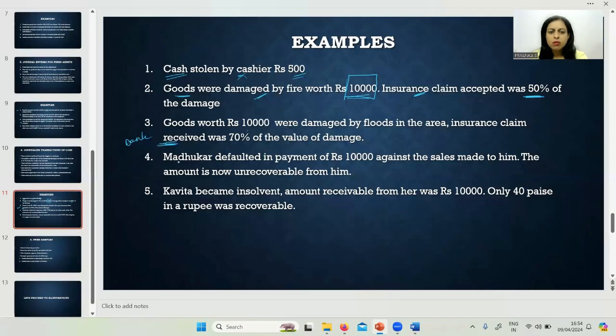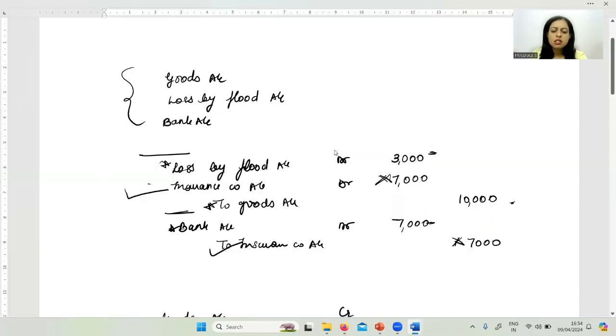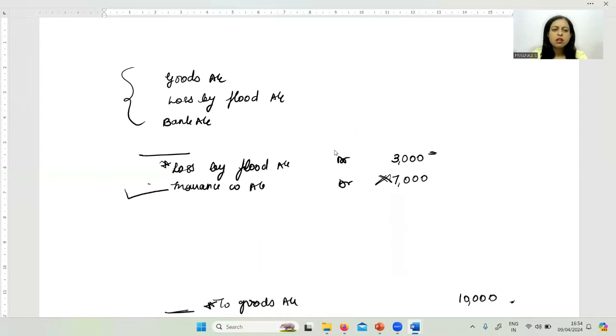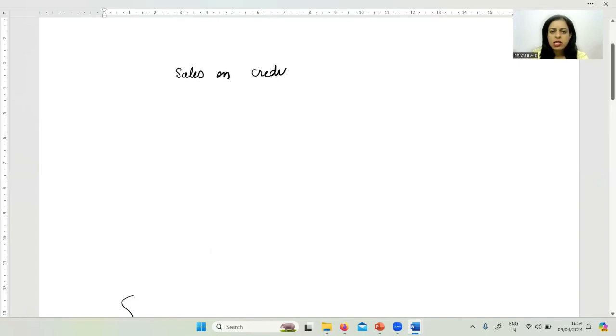Next transaction, Madhukar defaulted in payment of 10,000 against the sales made to him. The amount is now unrecoverable from him. Such transactions connected with sales on credit relate to debtors.